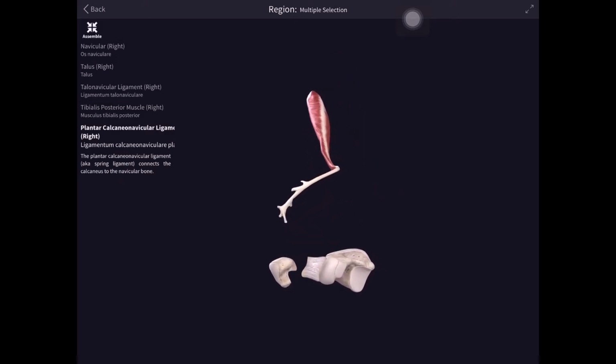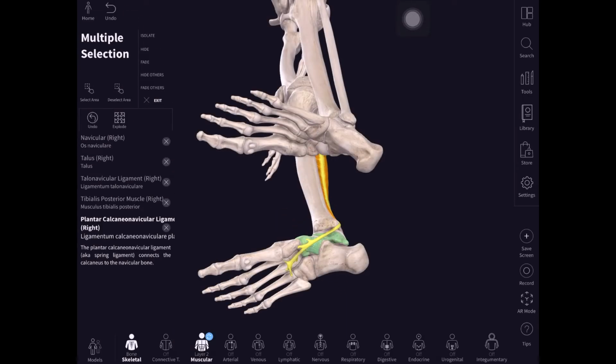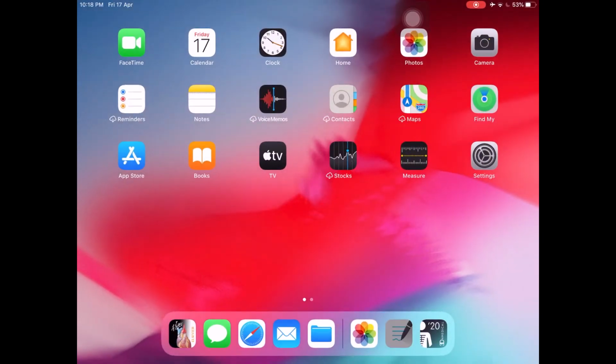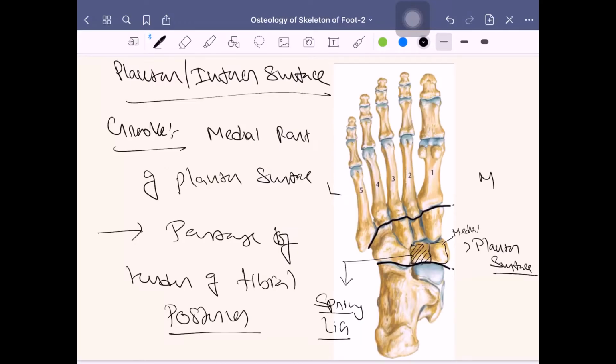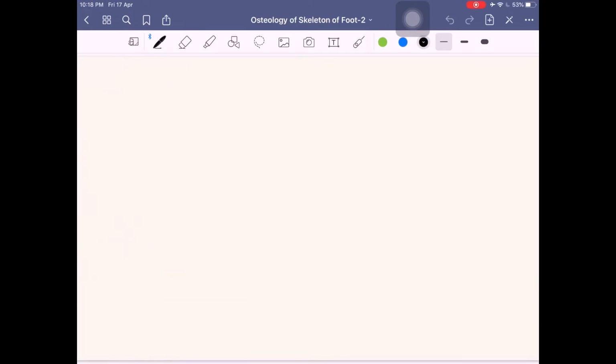This is all the structures which are attached. You can see navicular bone, spring ligament, and your tibialis posterior. Okay, so we are done with the plantar or the inferior surface. Now let us go to the next surface. The next surface is our medial surface.